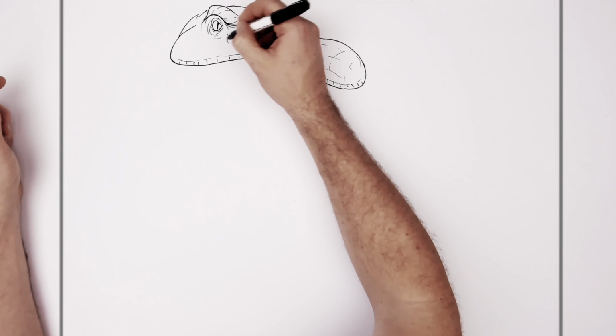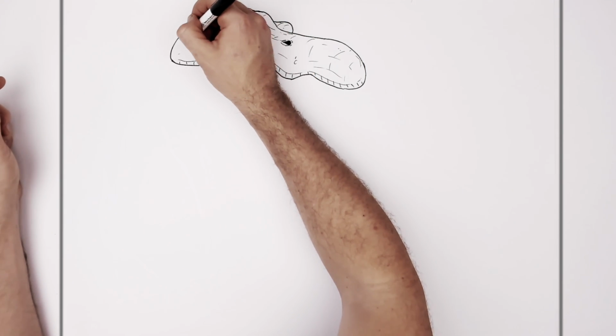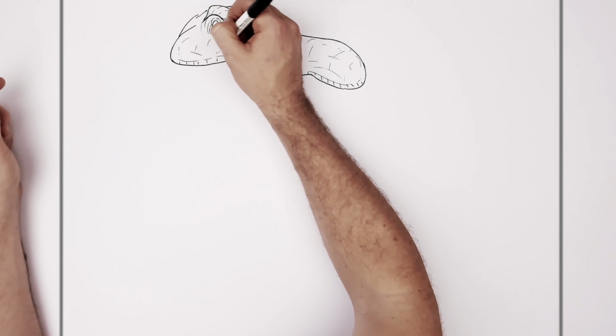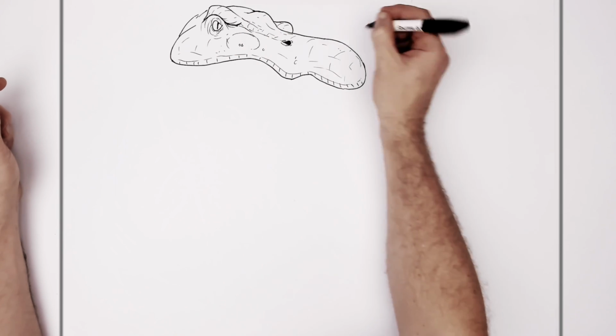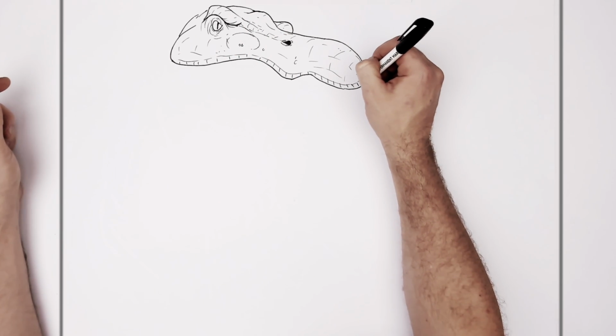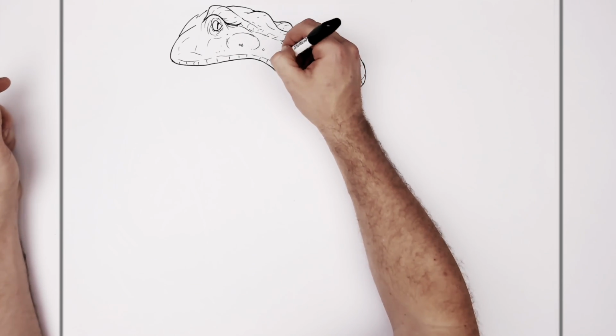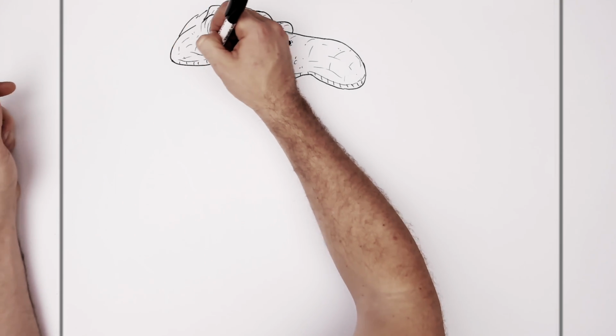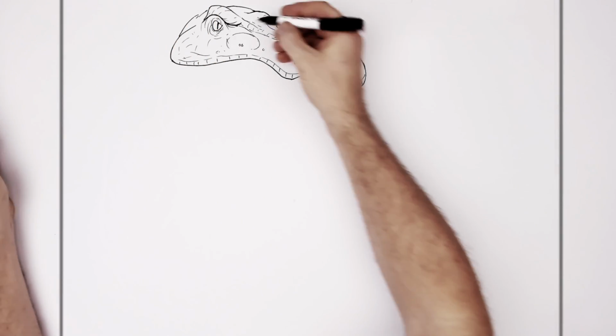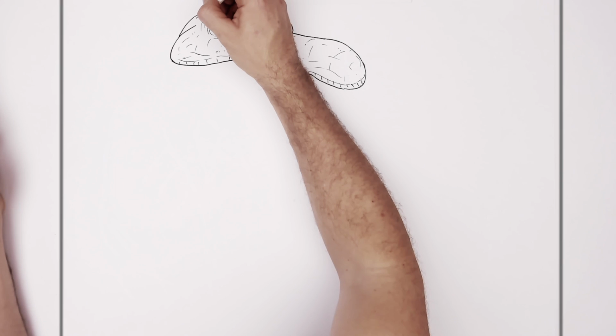Right, kind of textures all over this then. Circles and dots and bumps and things. Just makes them look a bit more reptilian.